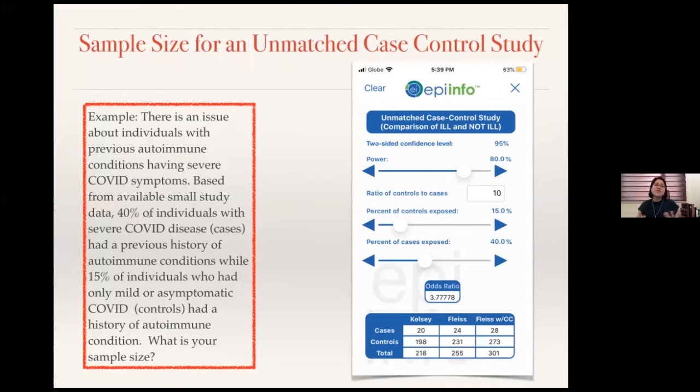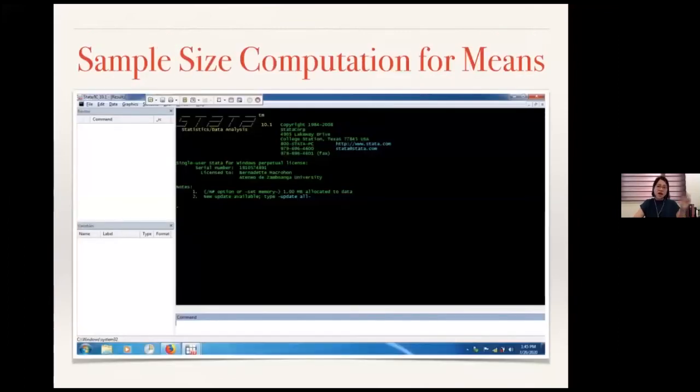Now, what if my outcome is a mean body weight, mean blood pressure control, mean cholesterol levels? Then you cannot use EpiInfo anymore because EpiInfo doesn't have that.